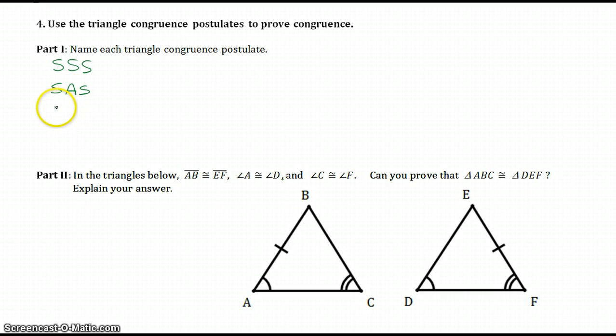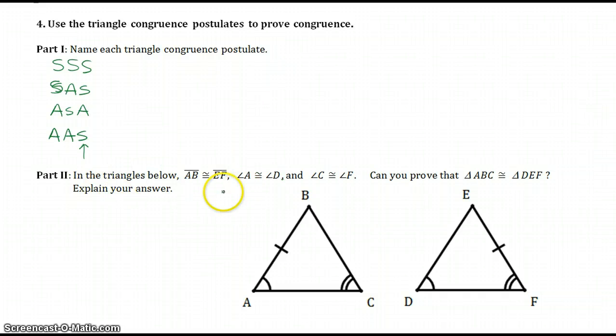And then we've got angle, side, angle, where you need 2 angles congruent and the side in between them to also be congruent. And then we've got angle, angle, side, where you need 2 angles to be congruent and then 1 corresponding side to be congruent.